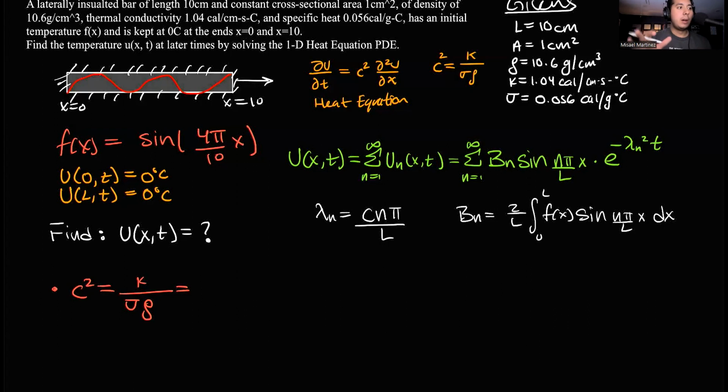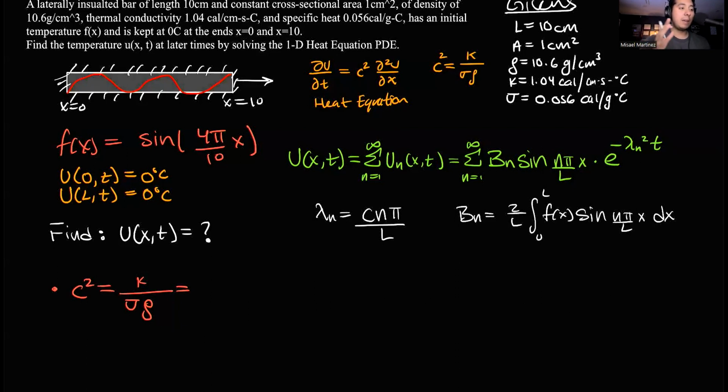We have a laterally insulated bar that's 10 centimeters long. It has a constant cross-sectional area of 1 centimeter squared, a density of 10.6 grams per centimeter cubed, a thermal conductivity of 1.04 calories per centimeter second Celsius, a specific heat of 0.056 calories per gram Celsius, and an initial temperature denoted by the function f of x.